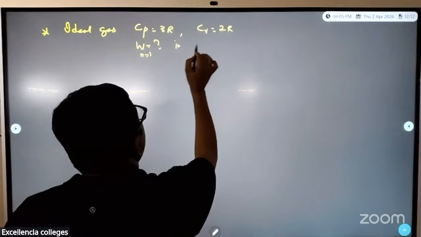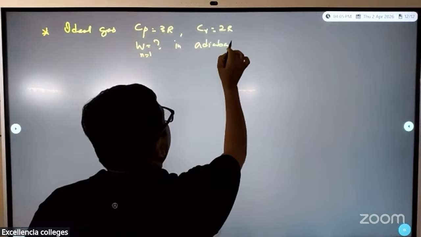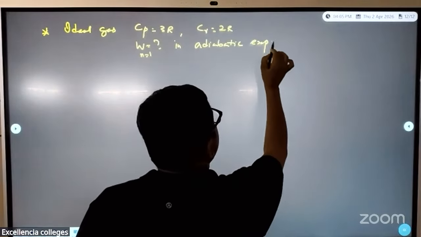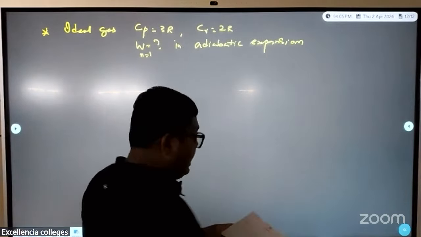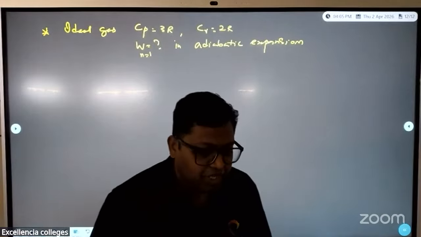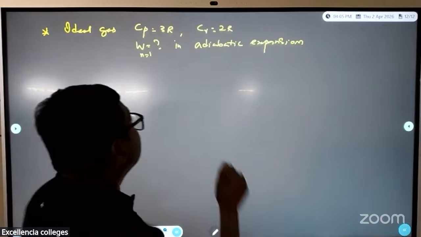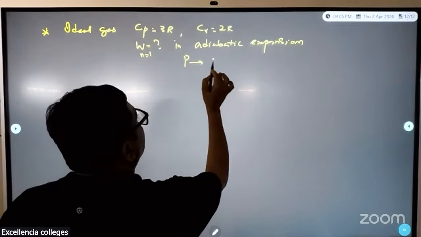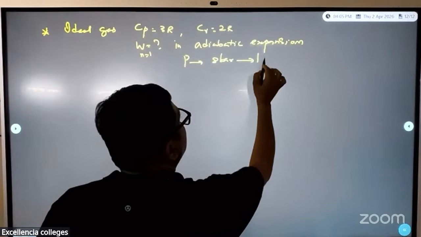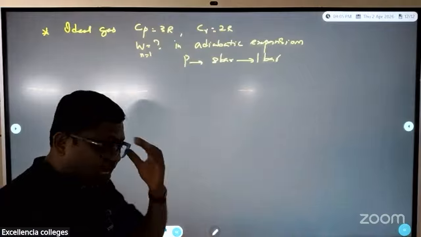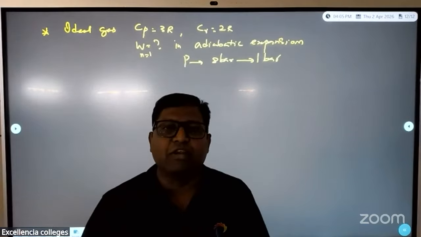So in adiabatic expansion, what is the work done when the pressure is dropping from 8 bar to 1 bar? Most students are immediately confused about the value of bar.